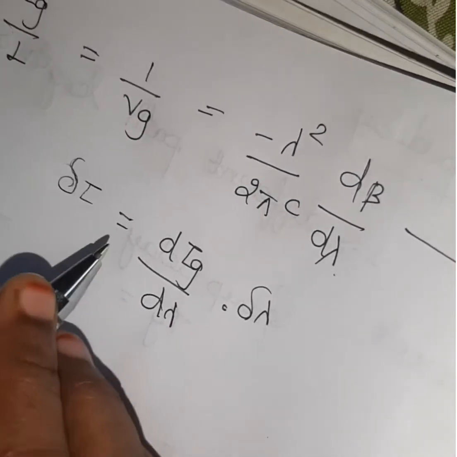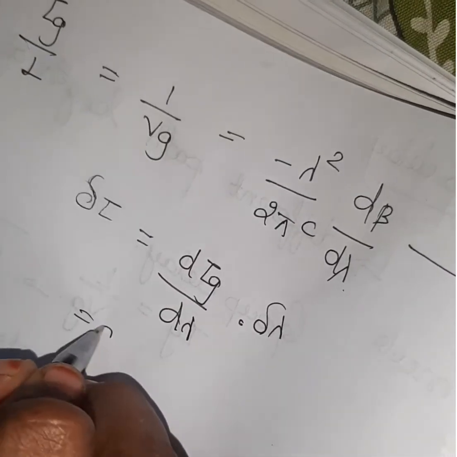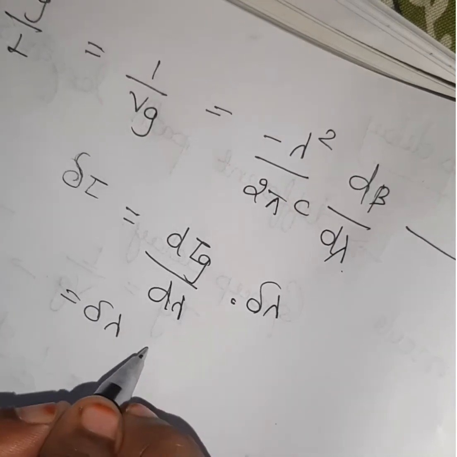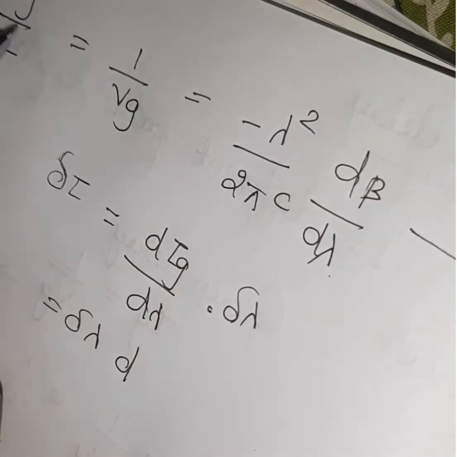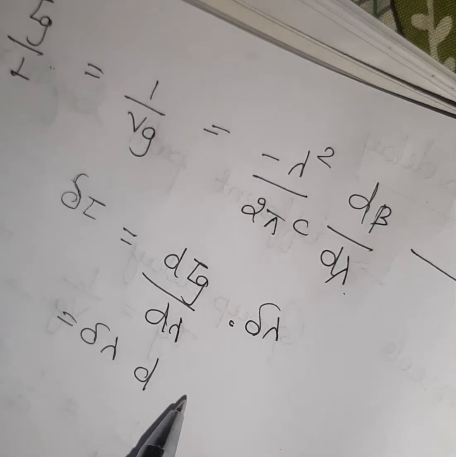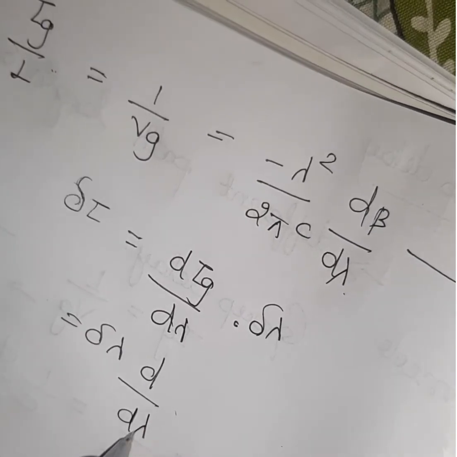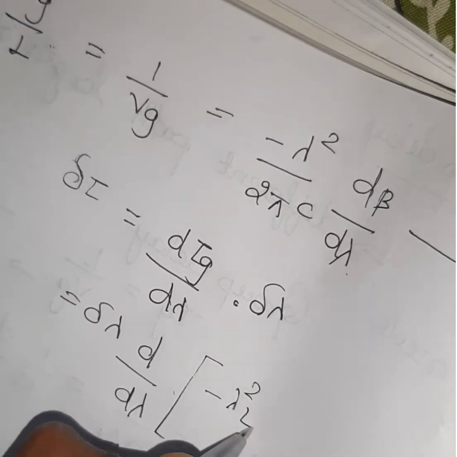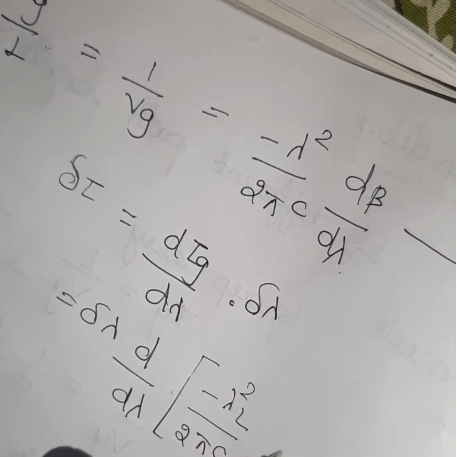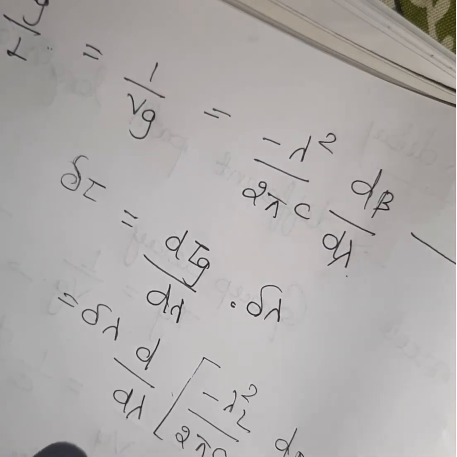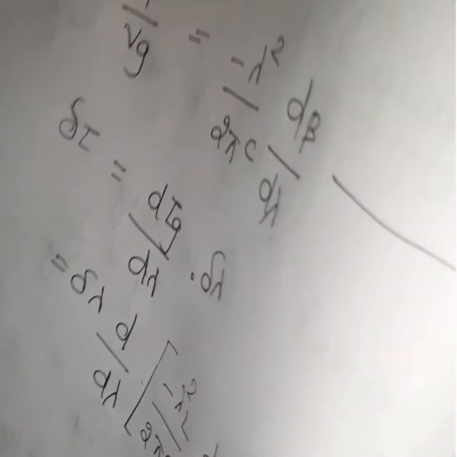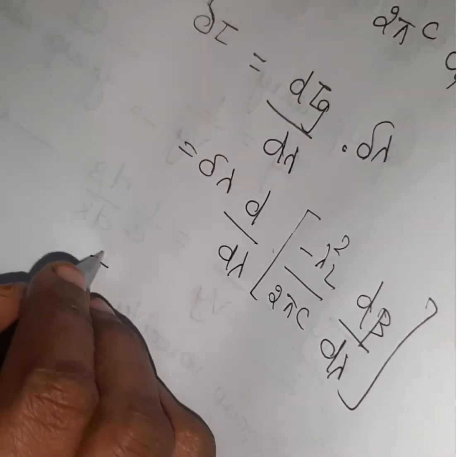Now substitute the value of tau g in this equation. So you get d by d lambda into minus lambda squared L by 2 pi c d beta by d lambda, into dou lambda.